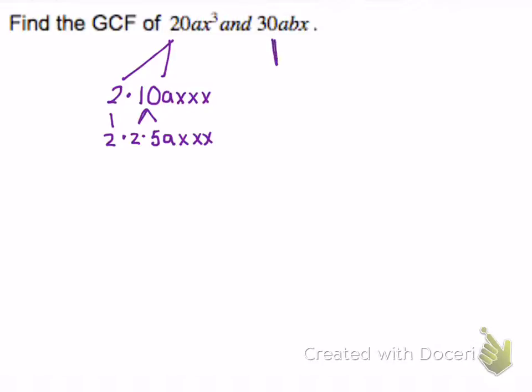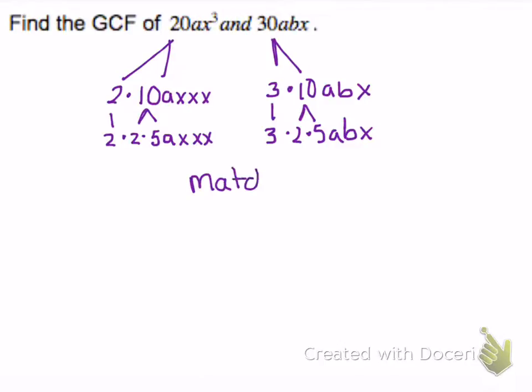And then 30 would be 3 times 10, and then I have an a, b, and an x. But of course, 10 is not prime, so I want to break that down further into 2 times 5. And I have my a, my b, and my x. Now for GCF, we're looking for what matches between them. And so they both have a factor of 2, and so in my GCF, I would include a factor of 2.